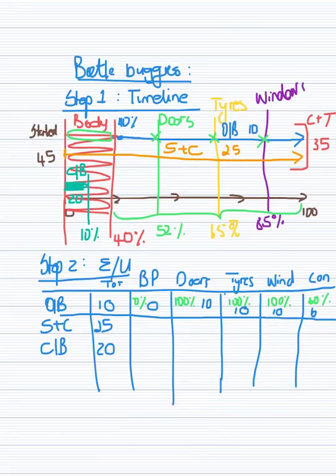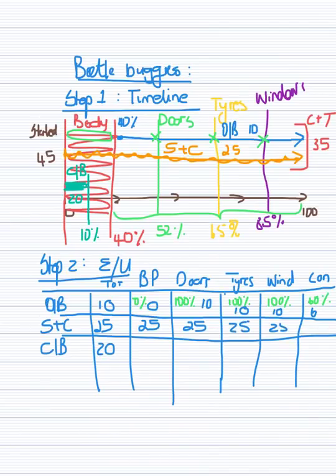If I look at units started and completed, because those units go from 0 all the way to 100, they'll receive all the body parts, all the doors, all the tires, all the windows, and I will convert them all.